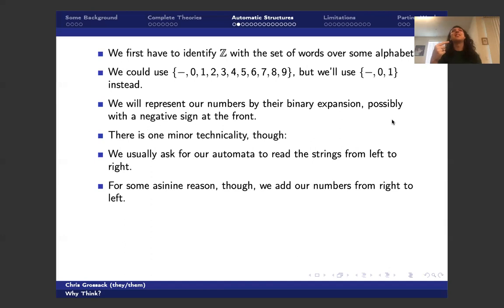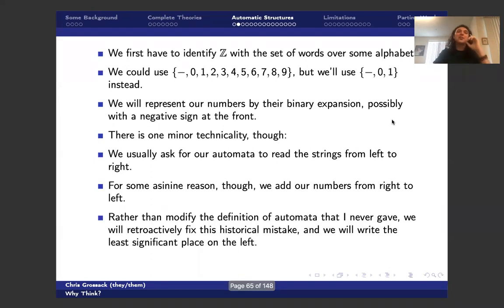And so you can imagine, yeah, this is a tricky thing that you have to get over. Since I never gave you the definition of an automaton, I could just say, oh, automata read from right to left, and you would believe me. But rather than modify the definition of automaton that I didn't give, we're going to retroactively fix this historical mistake, and we're going to write our integers from left to right in order of increasing significance.